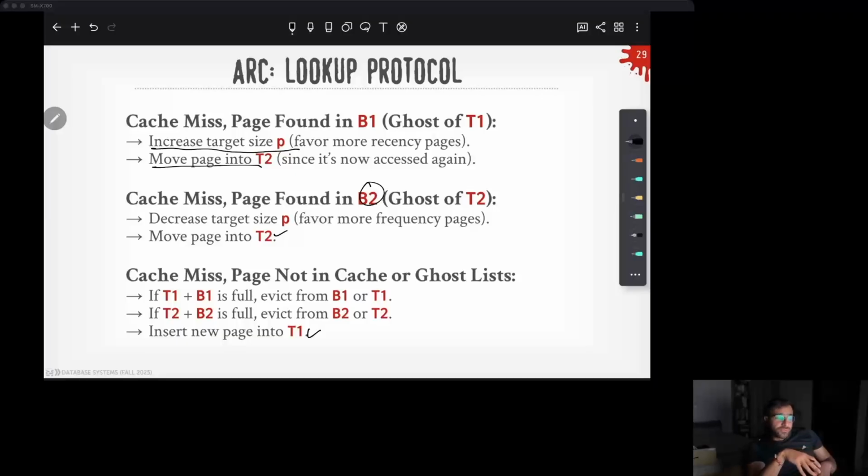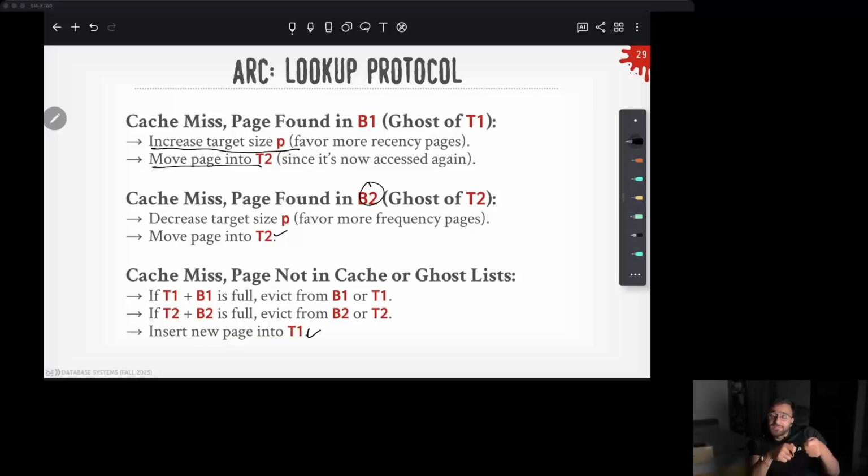So okay, I might have been very fast here, but if you have to take away something, you can take away the fact that the parameter P maintains this particular ratio between the frequency list and the recency list, and pages keep jumping between these two. And you have a ghost list, which tells you that pages should have been in the actual queues, but they're not.